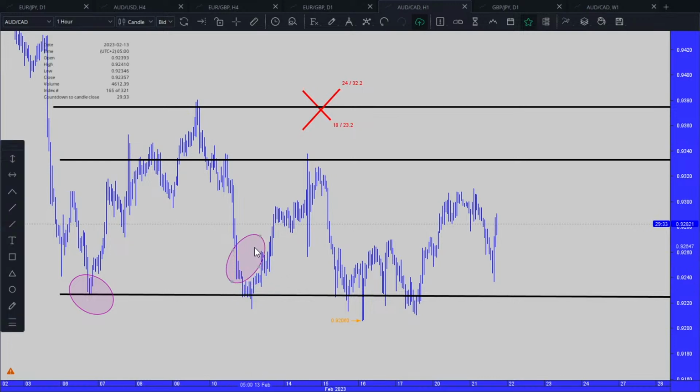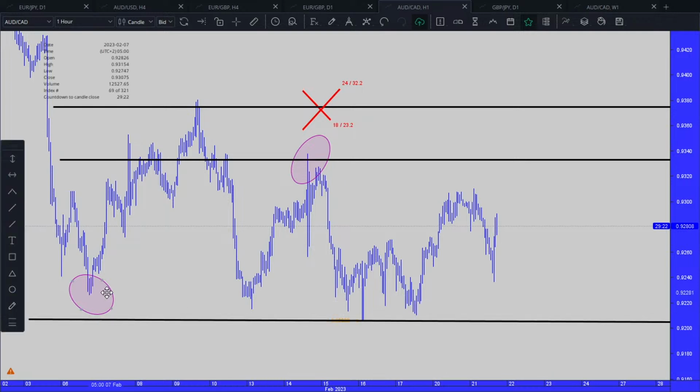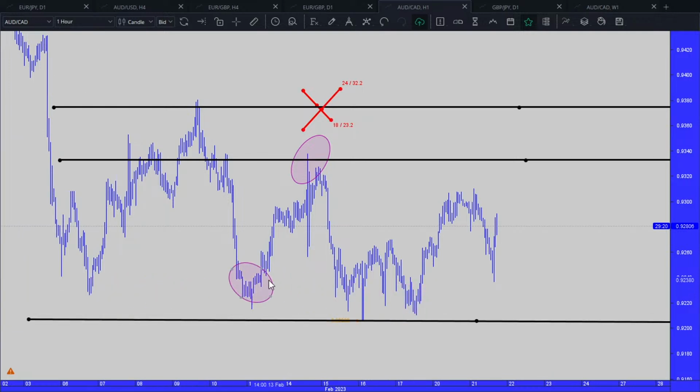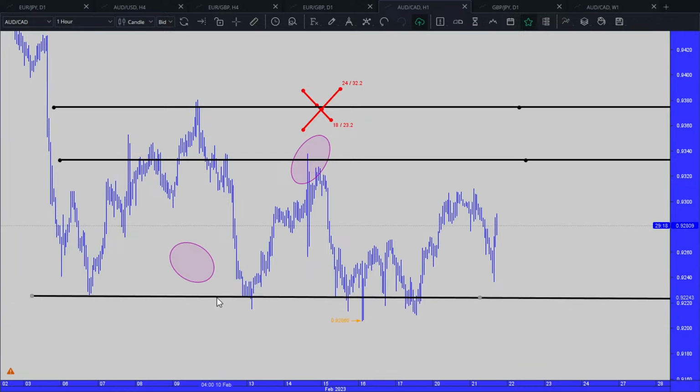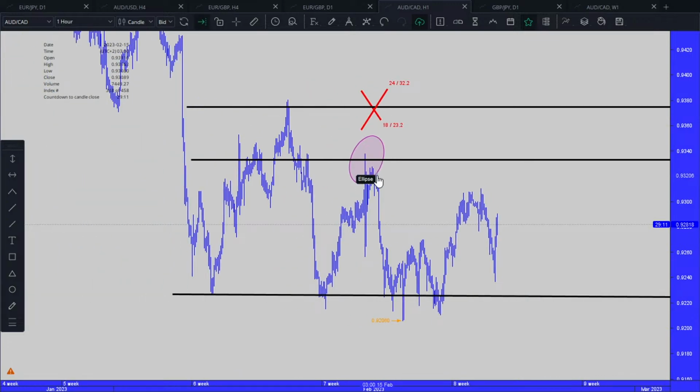So the market went up until here and went back down, right? And if I put this one like this, see what happened in here? So I prefer to do it like this. Can you see consolidation, everybody?